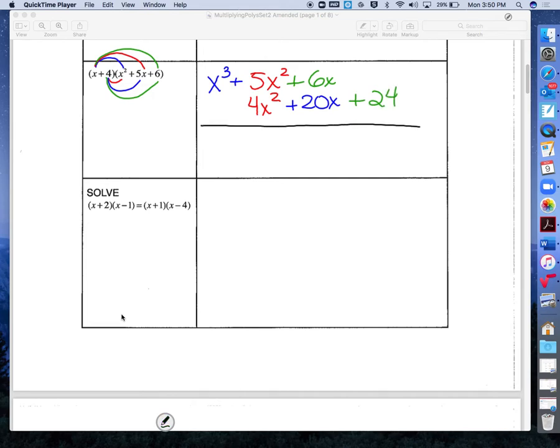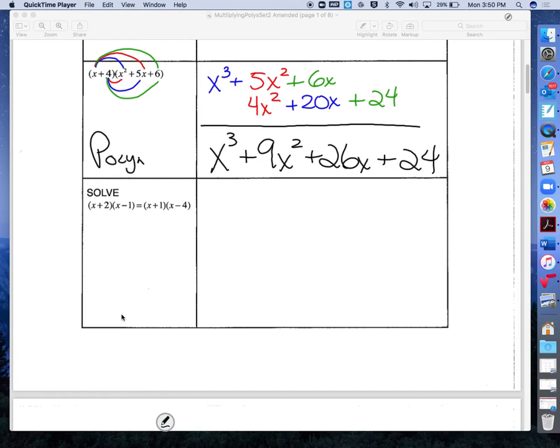I'm going to add all of my like terms and end up with x cubed plus 9x squared plus 26x plus 24. And I would simply call this a polynomial. I have 4 terms, all like terms have been combined, and what's left over are 4 distinct terms connected by addition. I'm now going to use this skill to solve an equation.